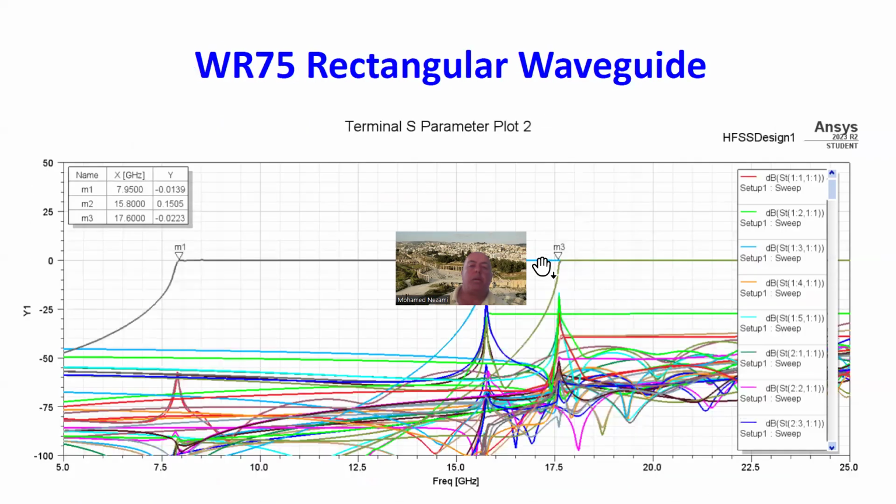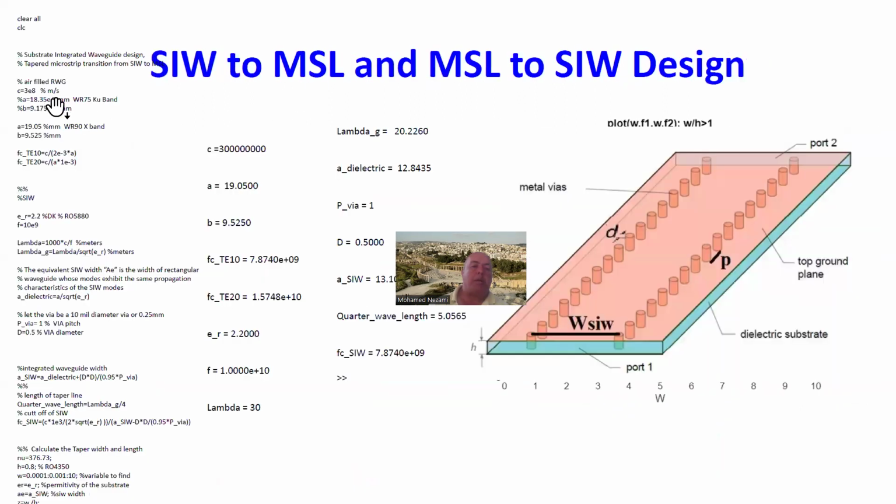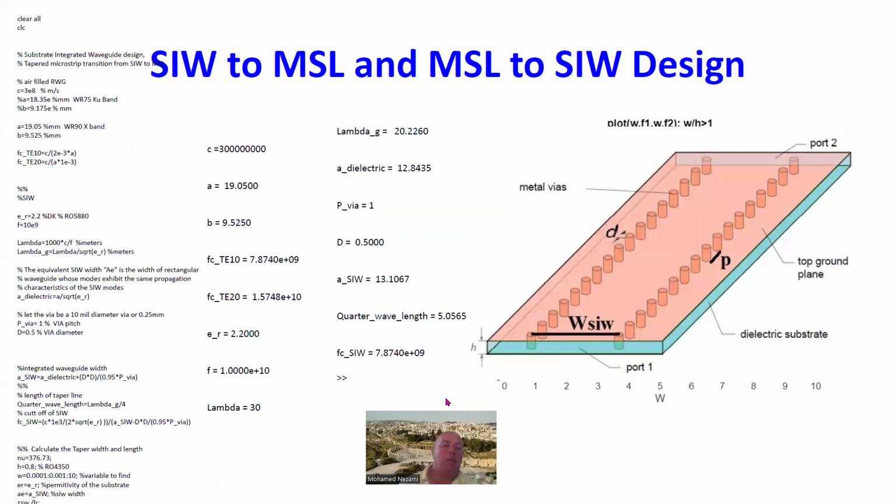And that's basically what I did: I took this equation and I programmed it in MATLAB. The rest of this code I will cover in the next sessions. This talks about how you transition from a substrate integrated waveguide to a taper line.